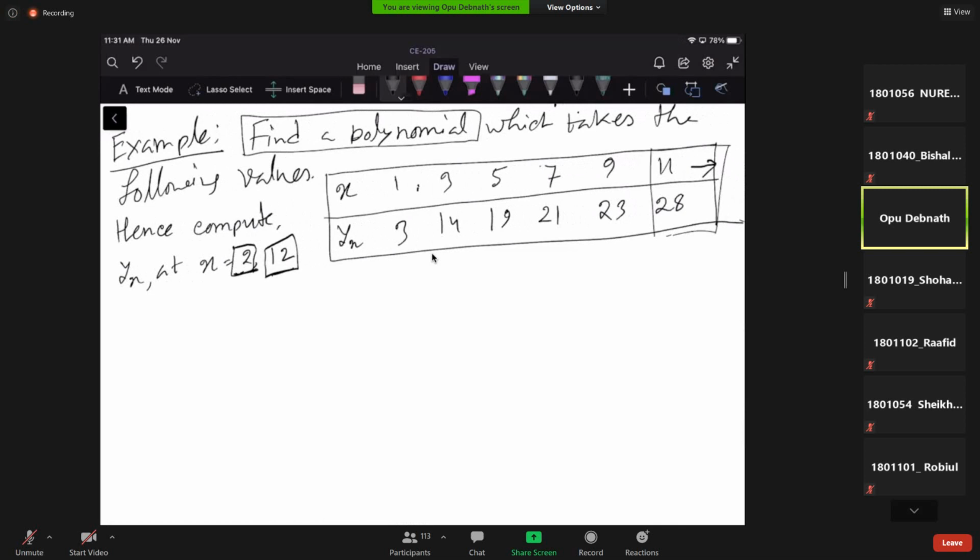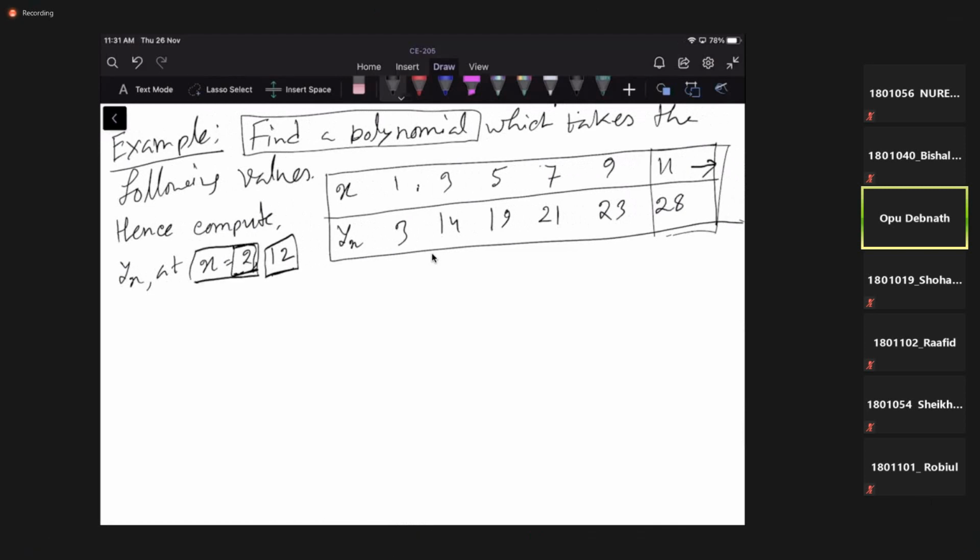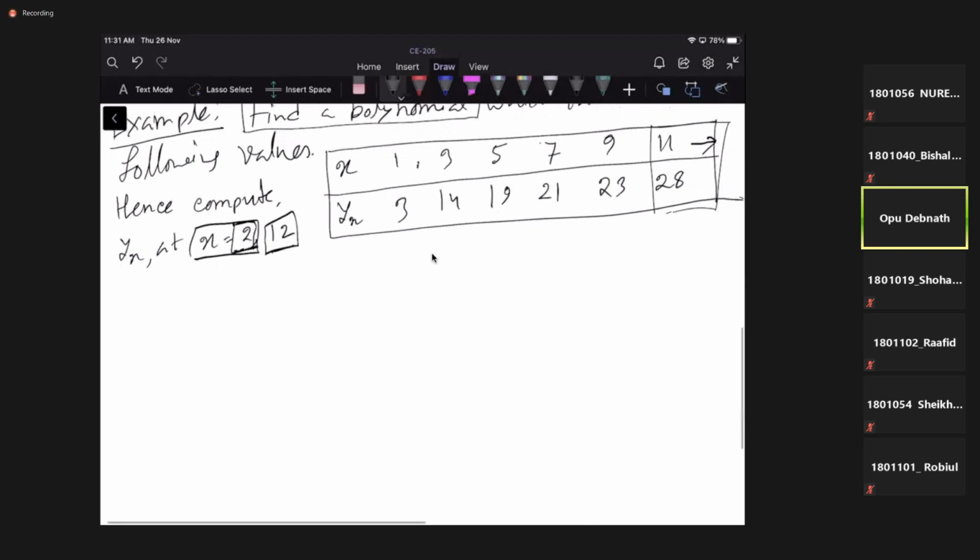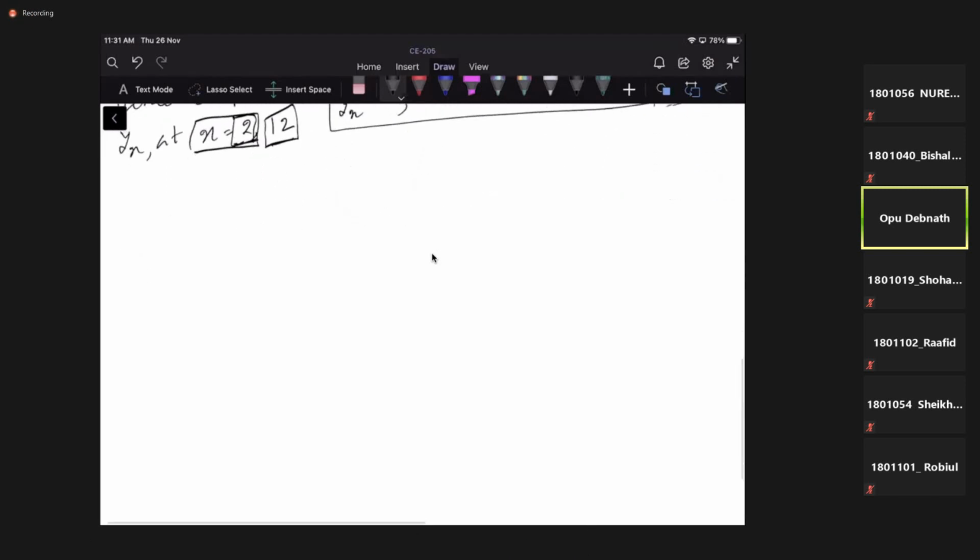Forward interpolation, I think this portion is well known to you as you can complete it from last class. So for such types of problems, our first main task is to formulate the difference table. So form a difference table.